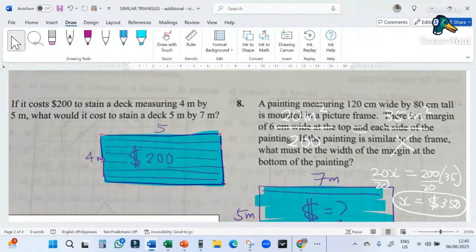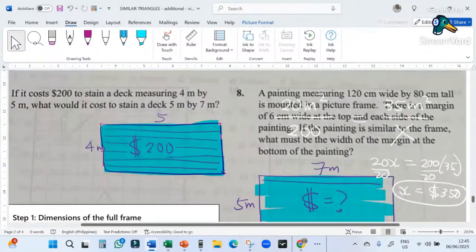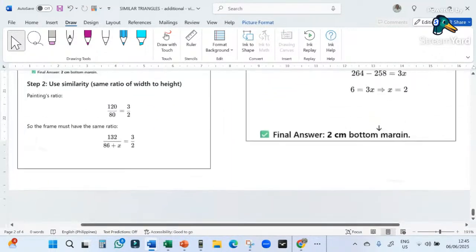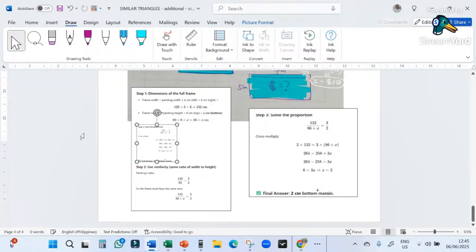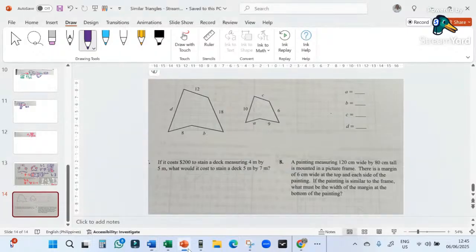All right, now we move to the last question. I'm just going to duplicate this one. Where am I now? Okay.